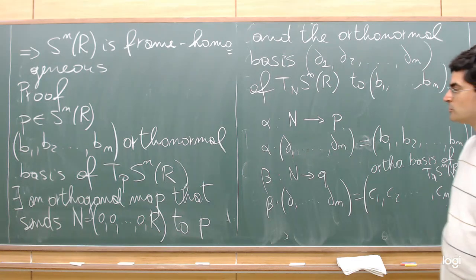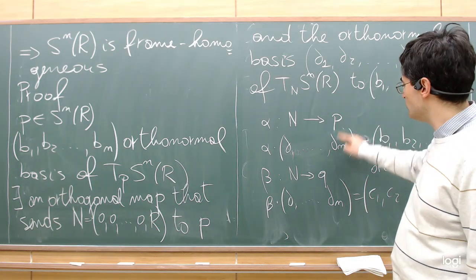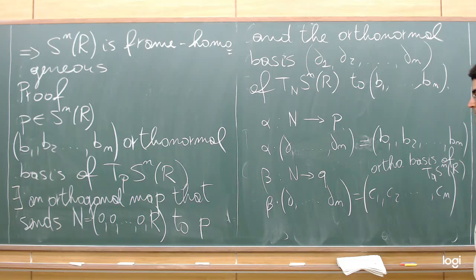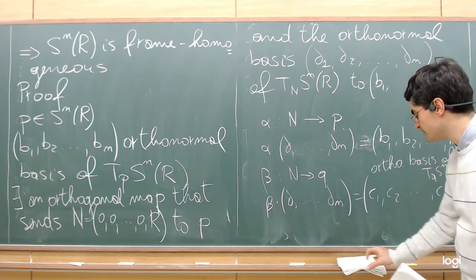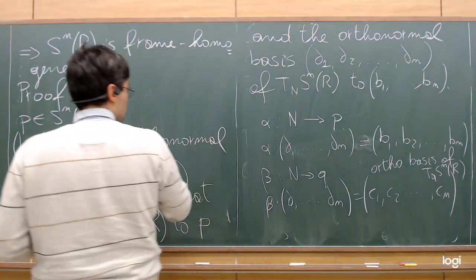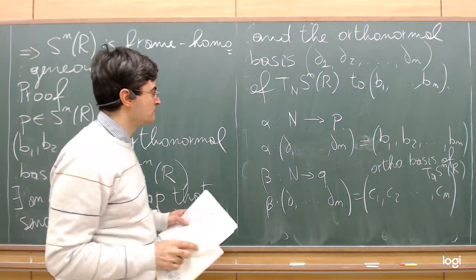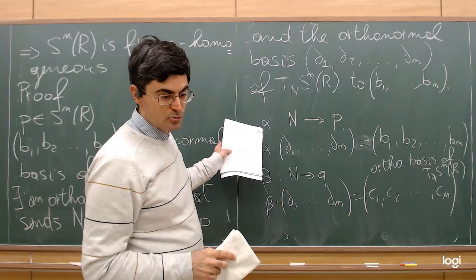Then if you want an orthogonal map which sends P to Q and this basis to this basis, just consider the composition of alpha inverse and beta. So it remains to understand how to construct alpha.